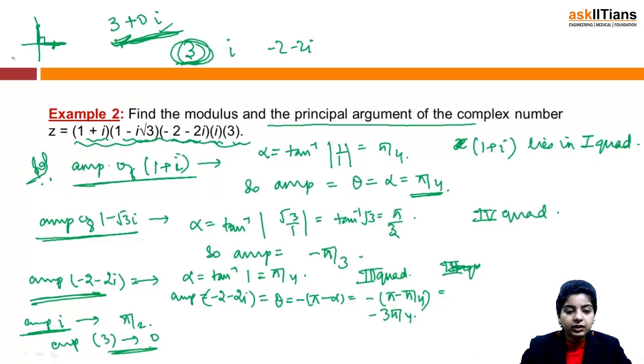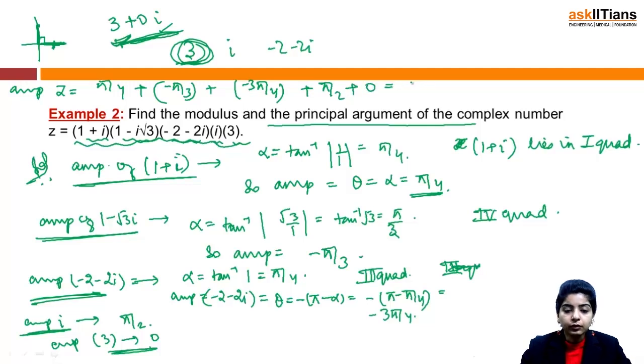Okay, so finally the amplitude of z would be equal to the sum of the individual amplitudes of all these complex numbers. So we have amplitude of 1 plus i is pi by 4, plus amplitude of 1 minus root 3i which we have obtained is minus pi by 3, plus amplitude of minus 2 minus 2i is minus 3 pi by 4, plus pi by 2 plus 0.